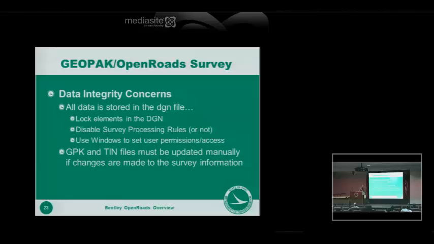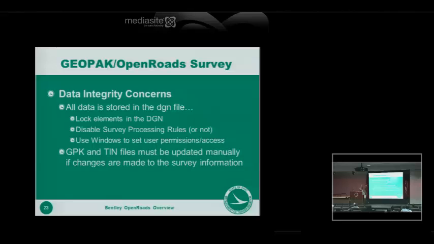Okay, everything's stored in the DGN, right? There's some data integrity concerns. I mentioned one: the user in District 1 that wanted to go move points around, all right? He can't do that, editing the terrain model, right? So there's some data integrity concerns here. I suggested you could lock elements in the design file.